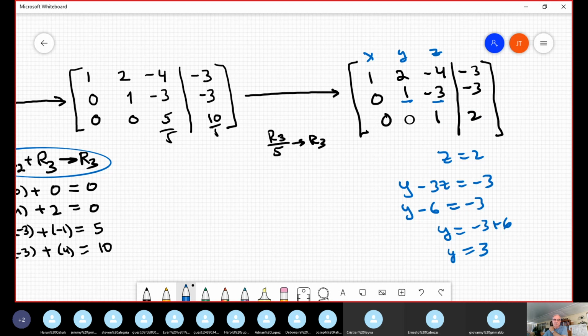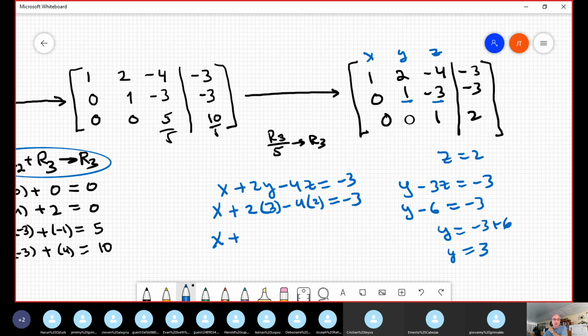I'm taking the first equation, que es x plus 2y minus 4z equal minus 3. X, I don't know. 2 times y, que y is 3, minus 4 times z, que z is 2, equal minus 3.